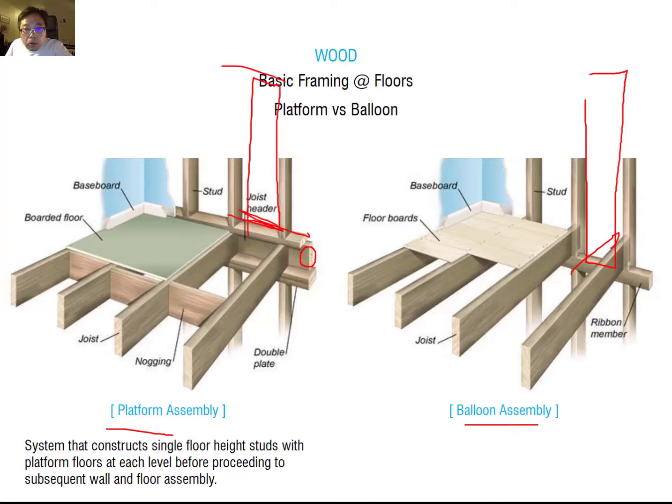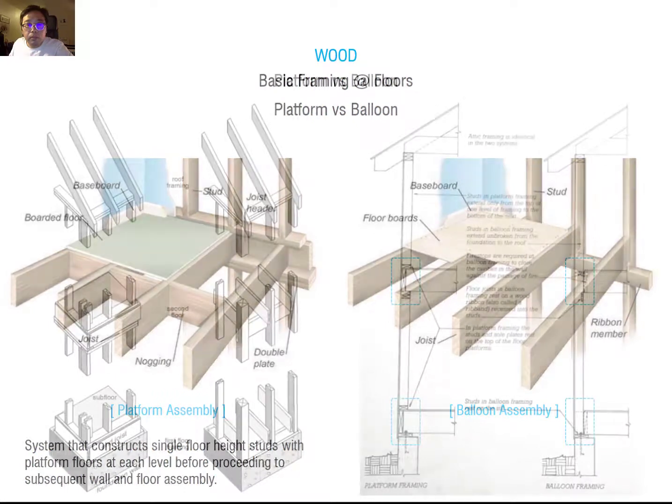But for the balloon assembly, you can make the opening higher compared to the platform assembly. However, for most timber products, we use the platform assembly. It is the much more common solution for your framing design.